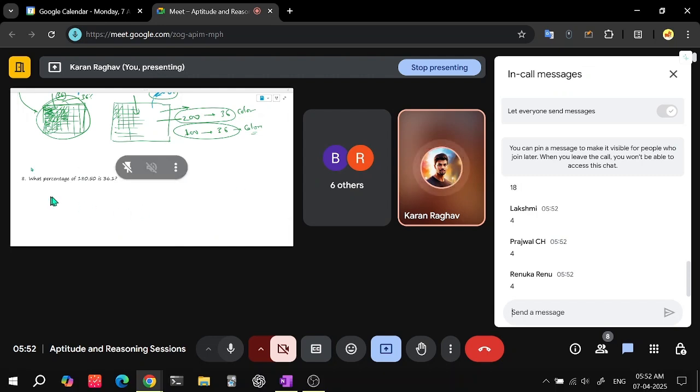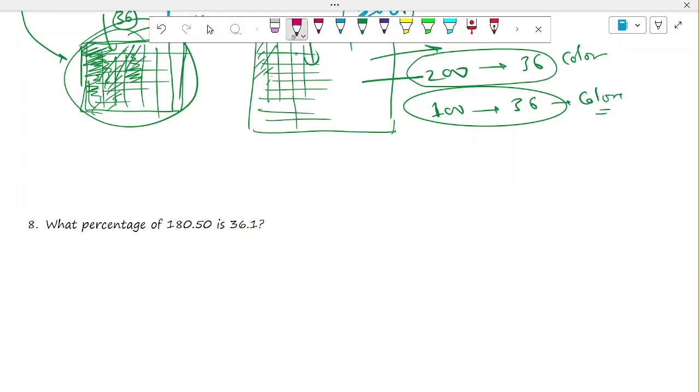Now you try to identify the answer for this question. It is also similar, but they have given some odd numbers in the decimal part. So it will be a bit difficult. We will have to use pen and paper in some cases. Okay. Now let me tell you: 180.5, from this we are considering 36.1.